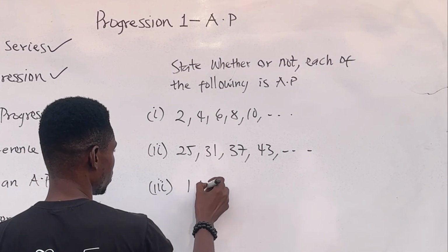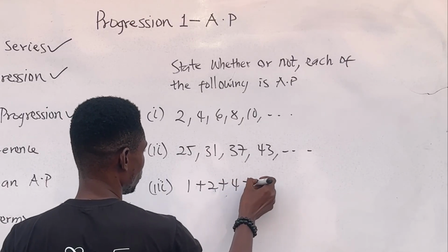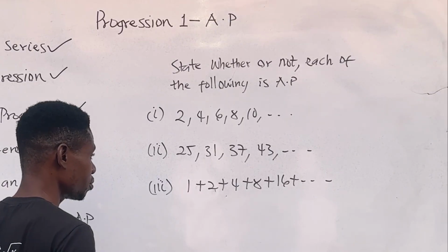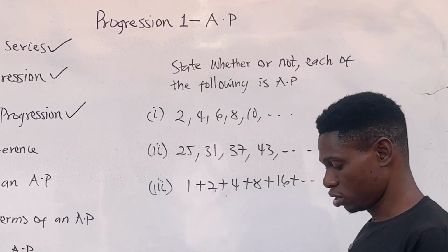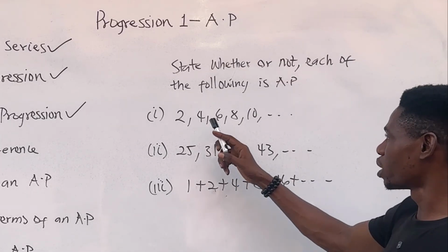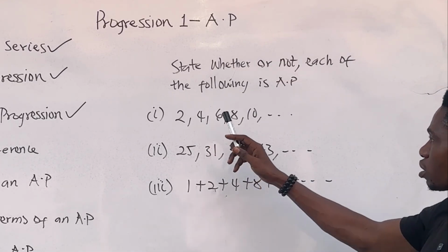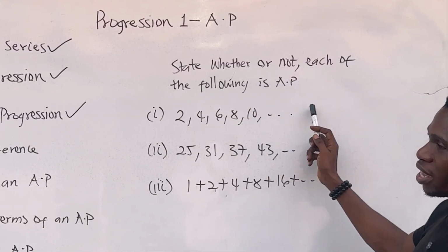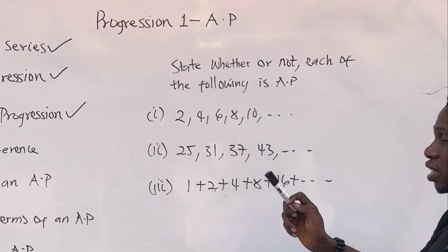Third one, 1, 2. So this is a quick classwork for you, but drop the answer in the comment section. So you want to tell me whether or not it is an AP. So you can just say number 1, AP, or number 1, not AP. Remember, AP stands for arithmetic progression.